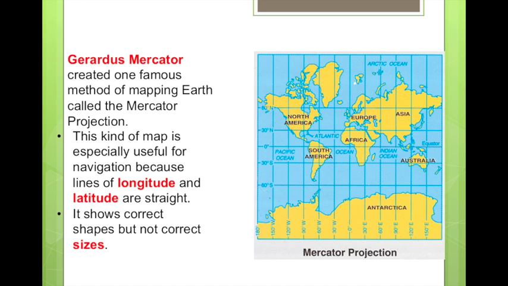So on number 5 on your notes, this kind of map is good because the lines of longitude and latitude are straight. It shows correct shapes, but not correct sizes. So for example, look at the size of Antarctica.